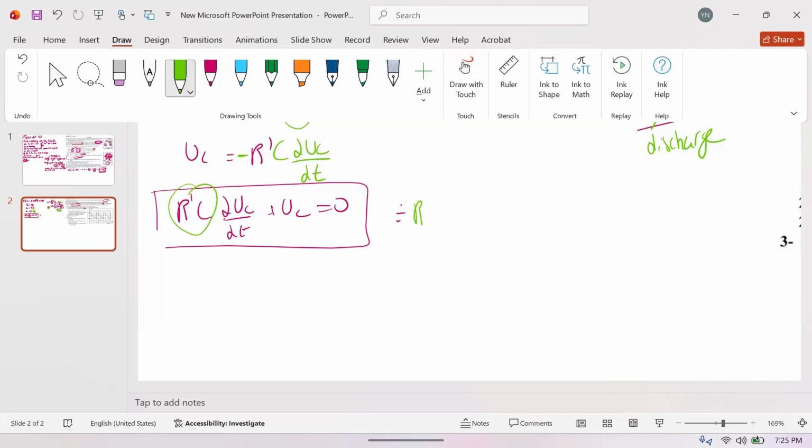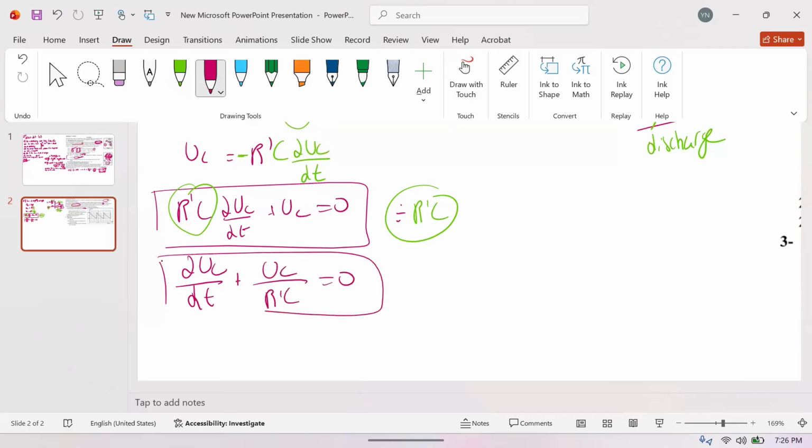So we divide by this R prime C the whole equation. So dUC over dt will be left alone, plus UC divided by R prime C equals 0. And this might be the last form they might ask you for a differential equation.